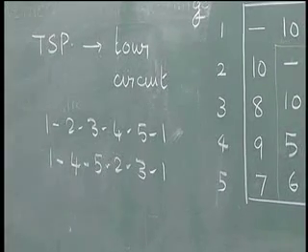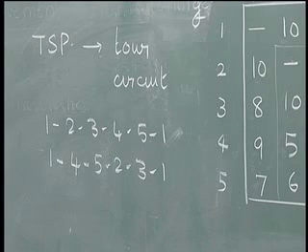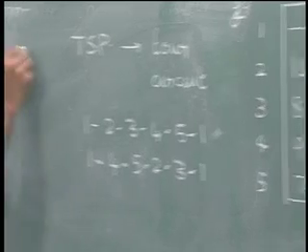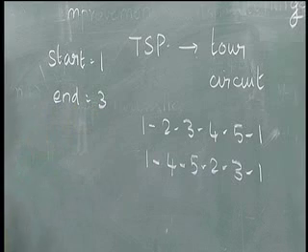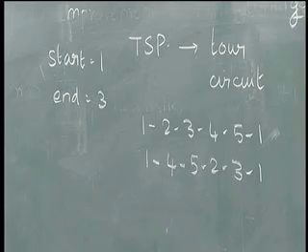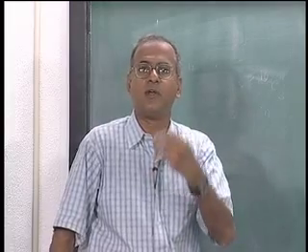Now, can we define another kind of a TSP where I say that I want to start from 1. So, 1 is a starting node. Let us say my ending node is 3, but I want to go from 1 to 3 going through every other vertex once and only once.